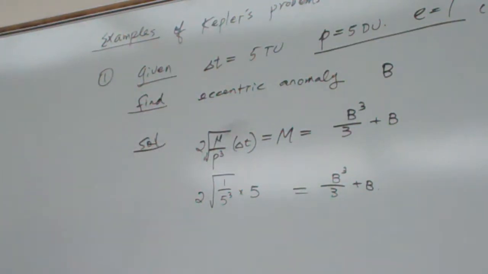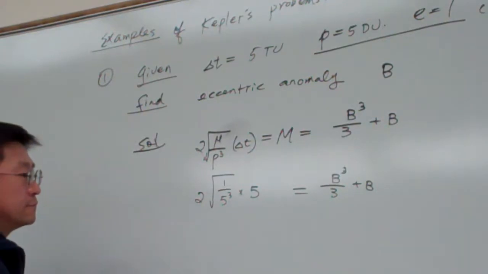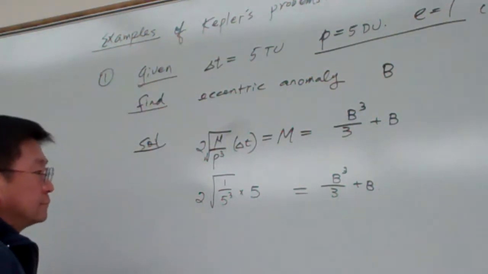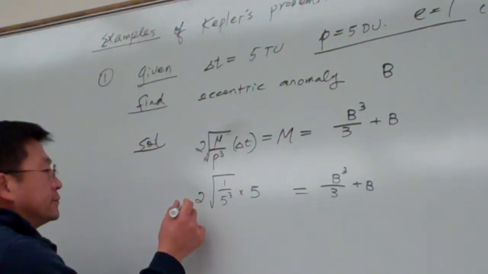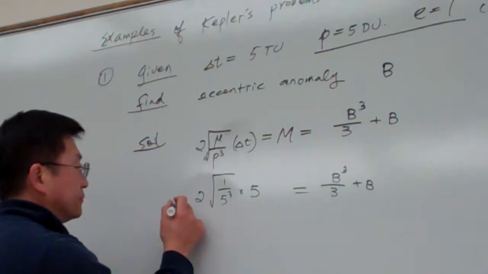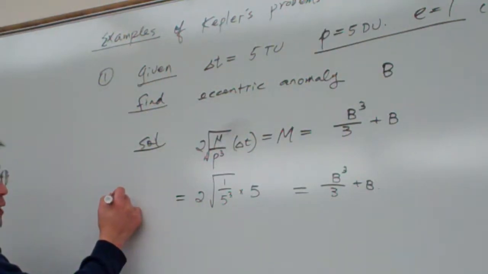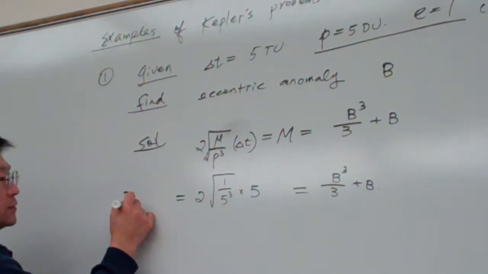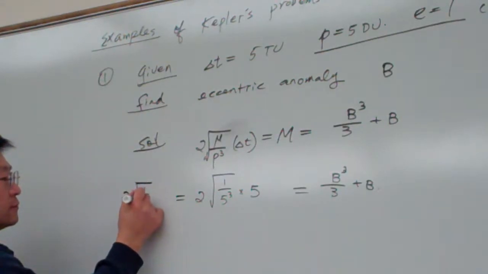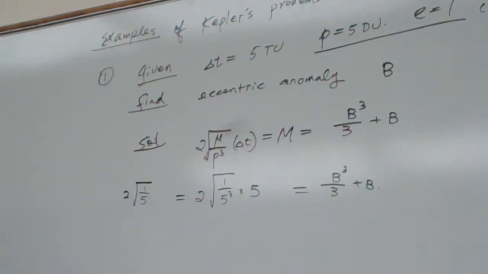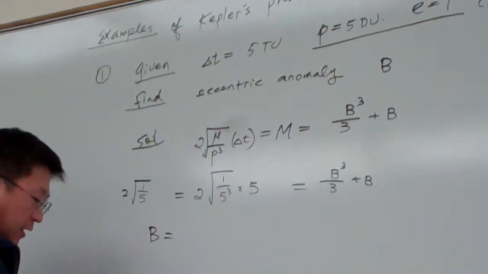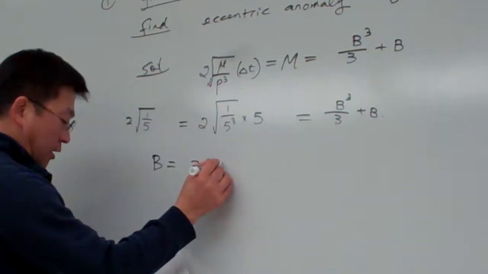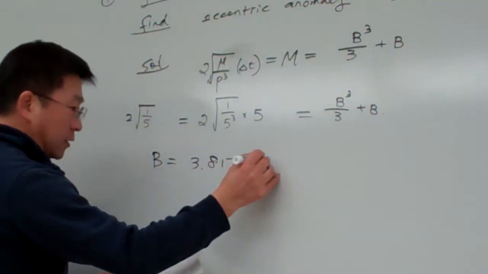And this one, we can solve for numerically. So solve for b, and you should be able to get b equal to 3.8174 in radian.